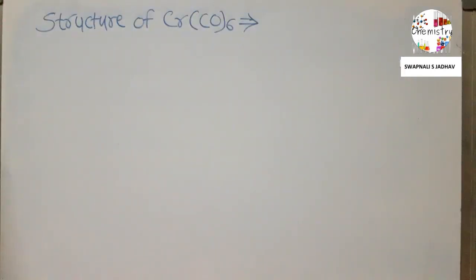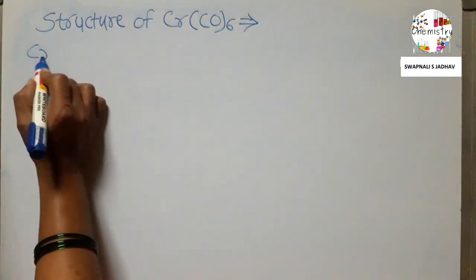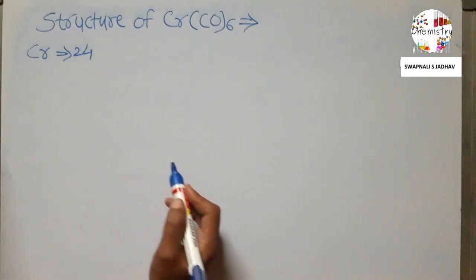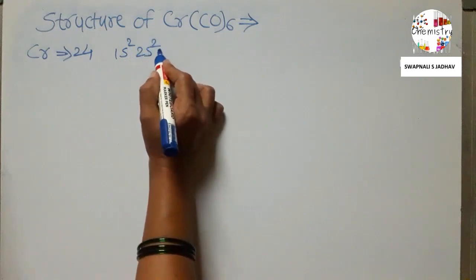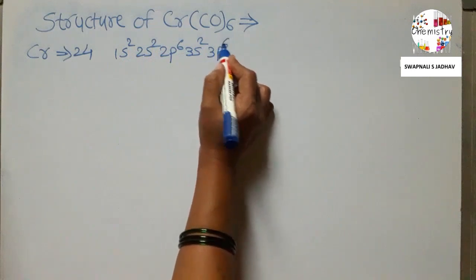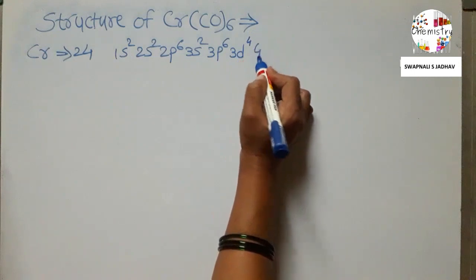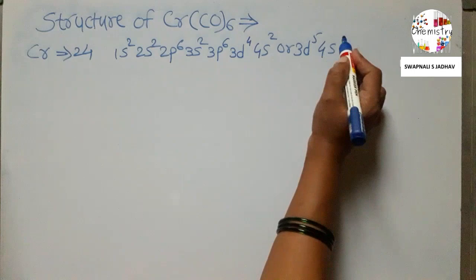And in the last we see the structure of Cr(CO)6. Cr means which metal? Chromium. So chromium has atomic number how many? 24. It has electronic configuration 1s2, 2s2, 2p6, 3s2, 3p6, 3d5, 4s1.